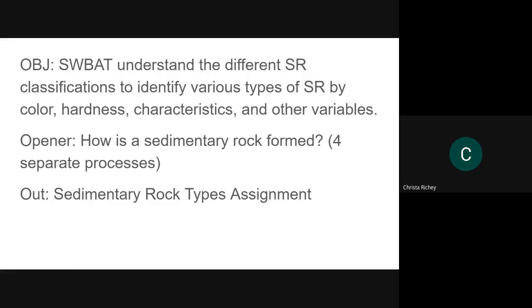There are 4 processes in making a sedimentary rock. Okay, rock tumbler. What is the first part? There are 4 parts in creating a sedimentary rock. What has to happen first? No, before erosion.